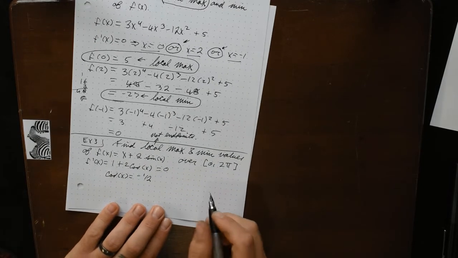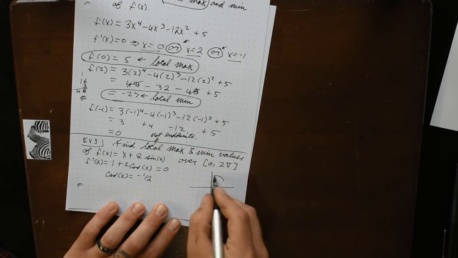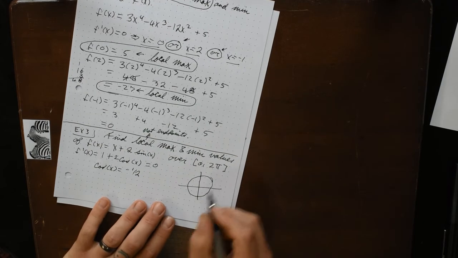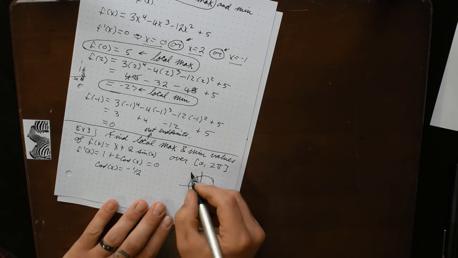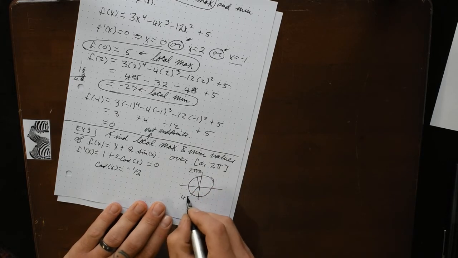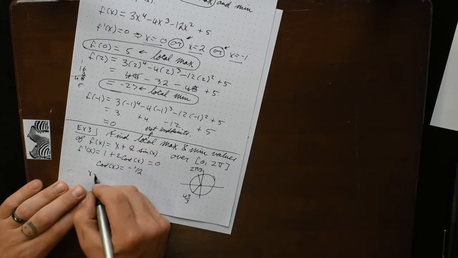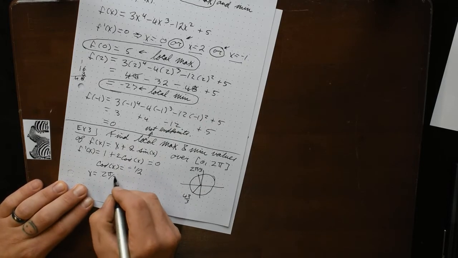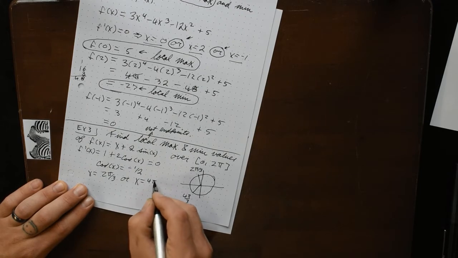I personally always draw a picture when I do my inverse trig stuff. The x value is negative 1/2 up here and down here. So this is going to be at 2 pi thirds and at 4 pi thirds. That tells us x equals 2 pi thirds or x equals 4 pi thirds.